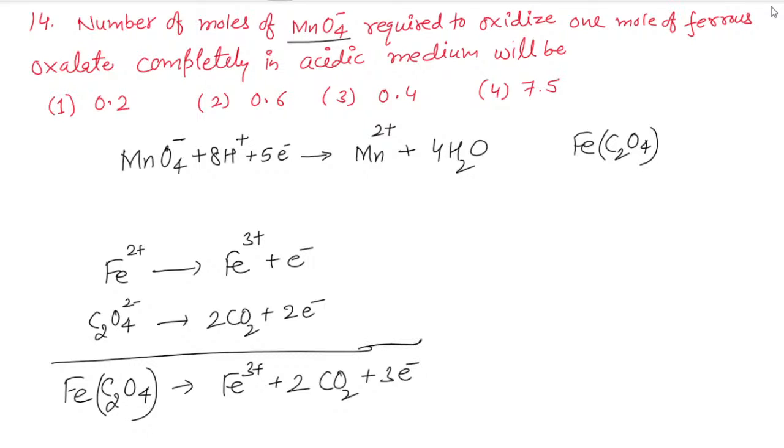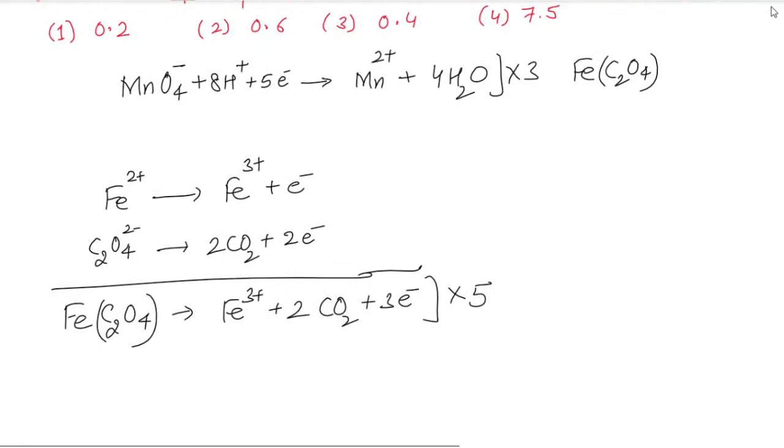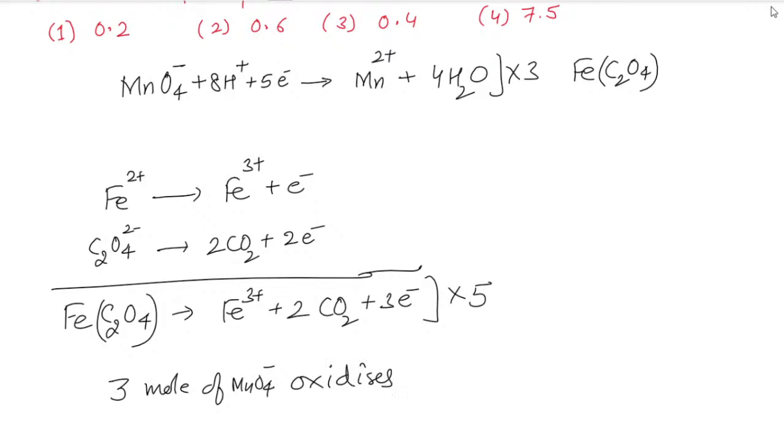Okay. Here there are 3 electrons, and in MnO4 negative 5 electrons. So one should be multiplied by 3 and the other by 5. That means 3 moles of MnO4 negative oxidize 5 moles of ferrous oxalate.